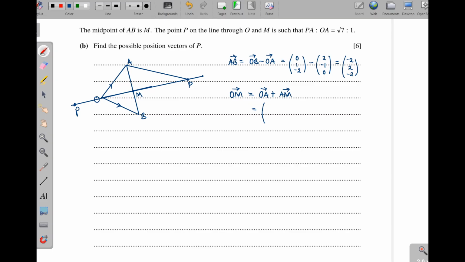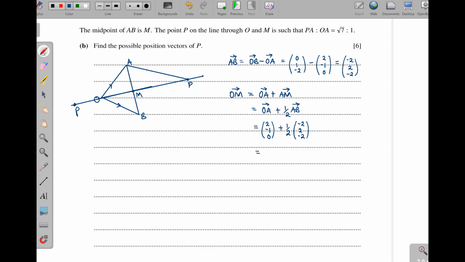It is OA, then plus a half of AB, since the direction A to M is a half of AB, okay? OA is this one here. So we have 2, -1, 0, then plus a half of AB, which is -2, 2, then -2.